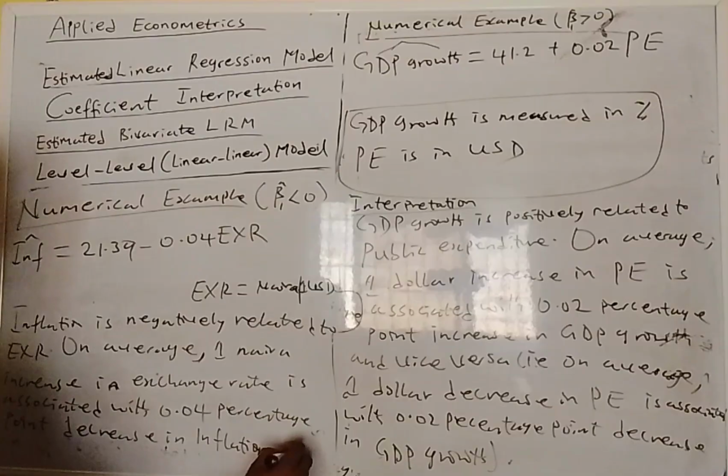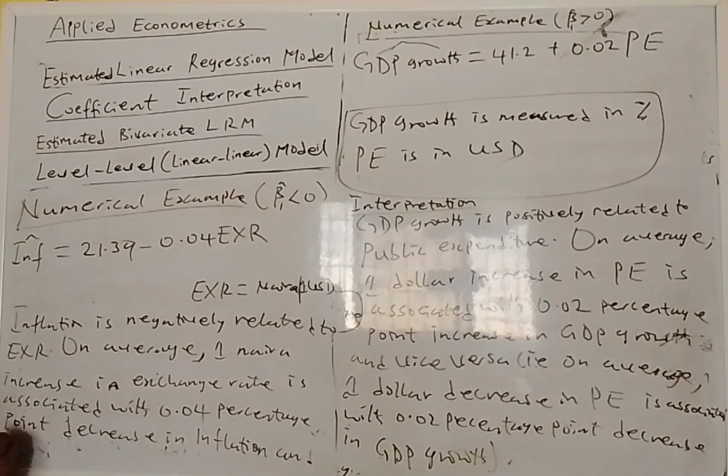Can you see? And vice versa. Vice versa here implies that a 1 unit decrease in exchange rate is also associated with 0.04 percentage point increase in inflation.